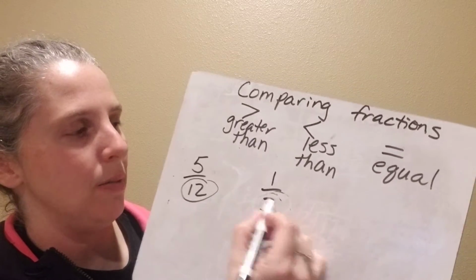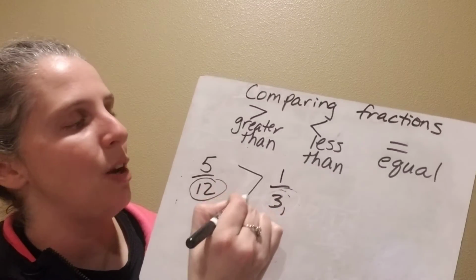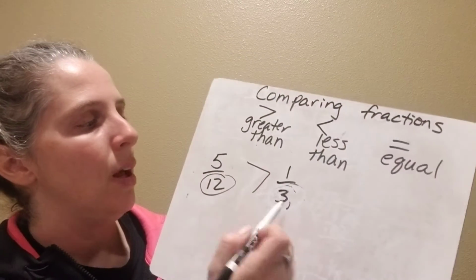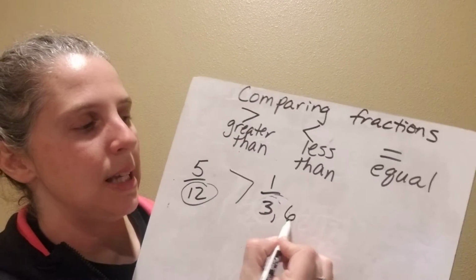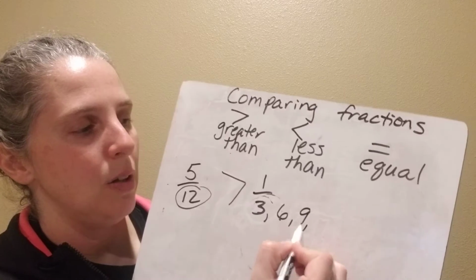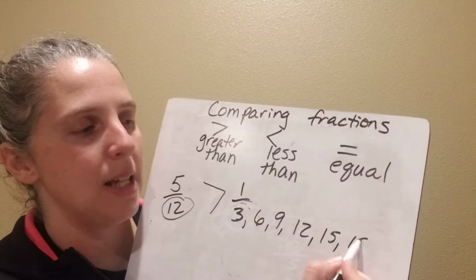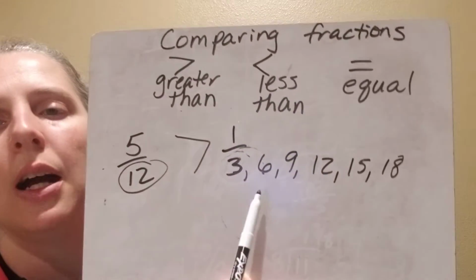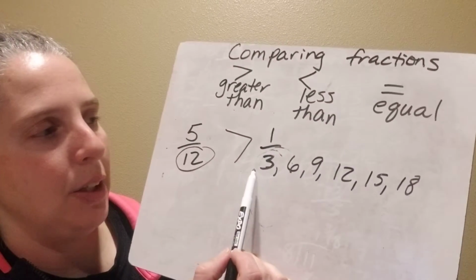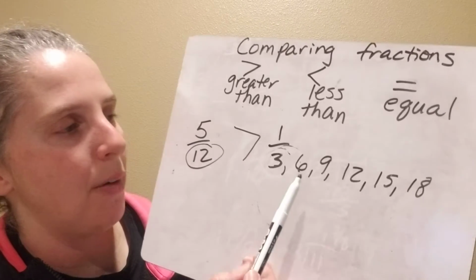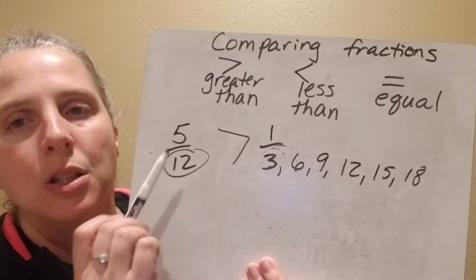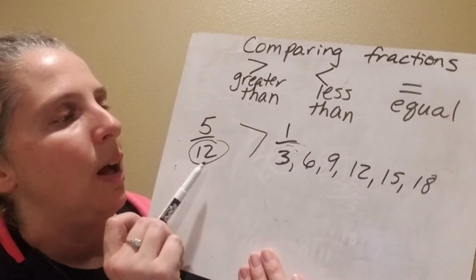Ready? 3. I know you already have that. That's okay. Count by threes: 3, 6, 9, 12, 15, 18. Stop there. Make sure you're putting a comma in between so it doesn't look like you have some huge long number. Now, what you do is you say, okay, here's 12.